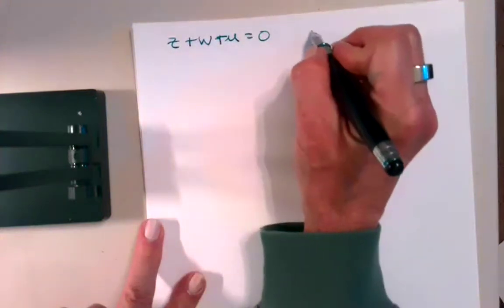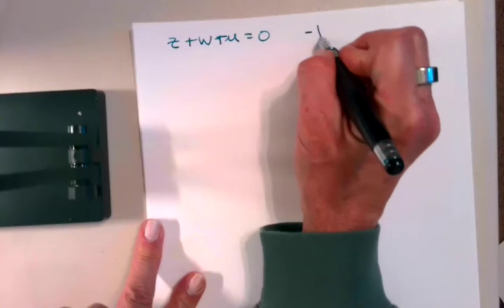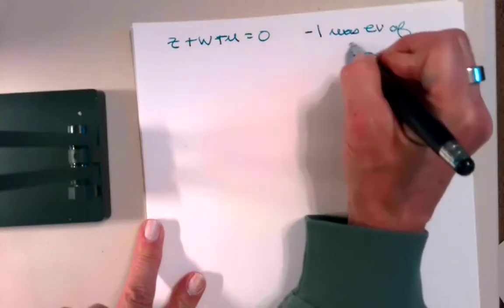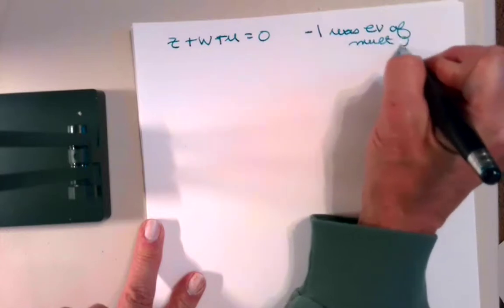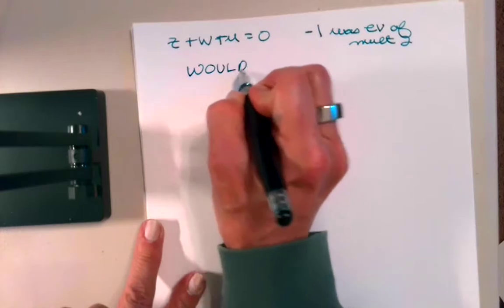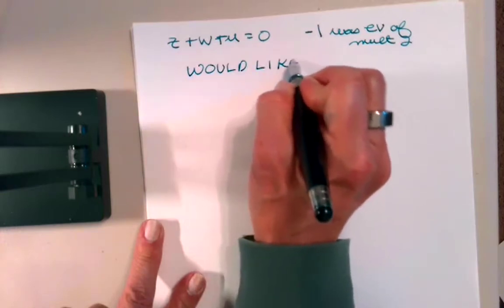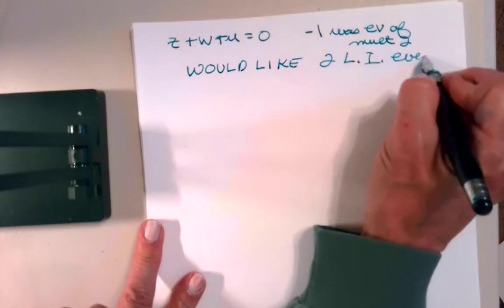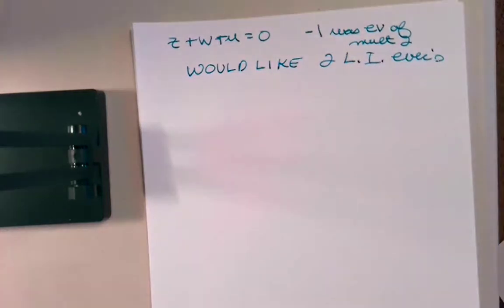So remember that -1 was an eigenvalue of multiplicity 2. So we would like 2 linearly independent eigenvectors. That's what you would like to have. Can't always do that, but when you have real coefficients in your matrix, you can.